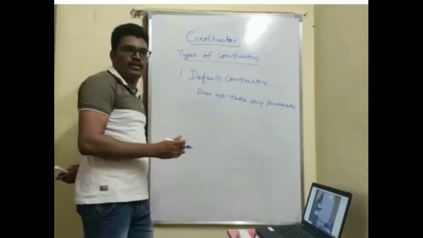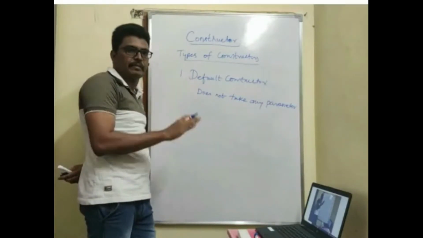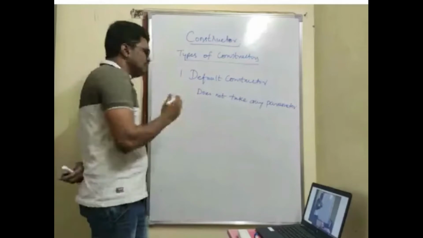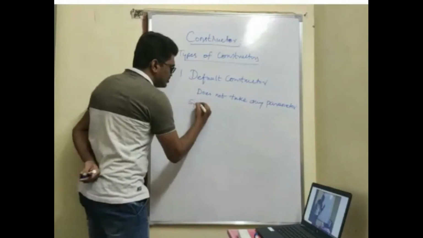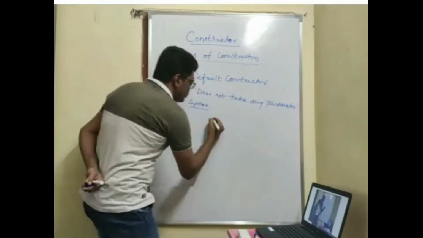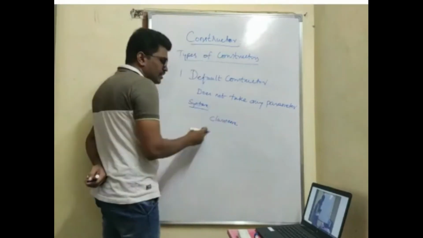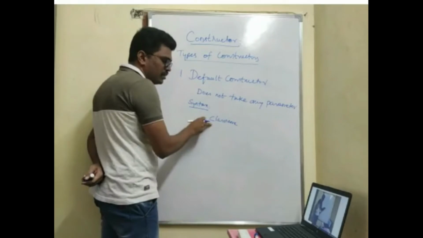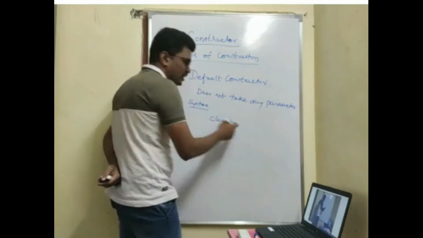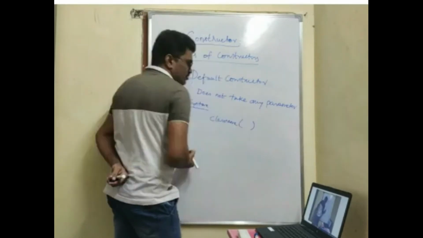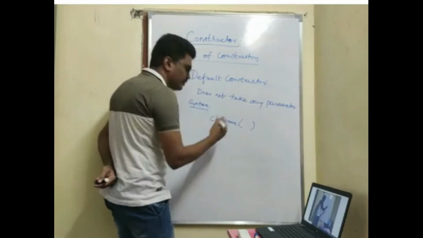Now the syntax is like this: class name. As we told you, constructor name will be the same as class name. Since it is a method, you will have the parentheses.